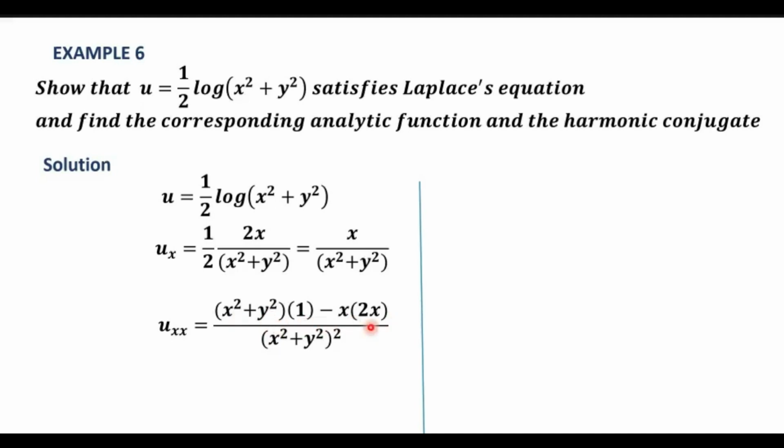So x square minus 2x square can be combined and written as minus x square. So I'll get uxx equal to y square minus x square upon x square plus y square the whole square.